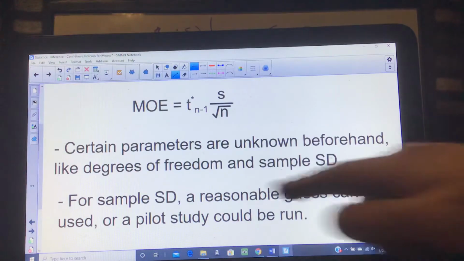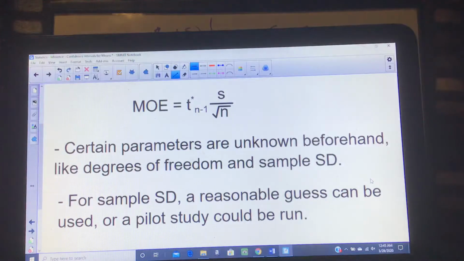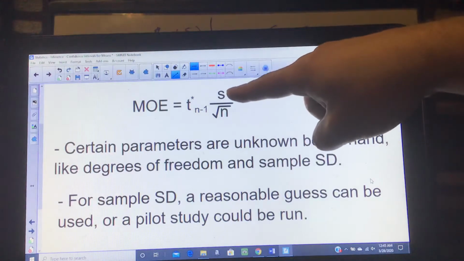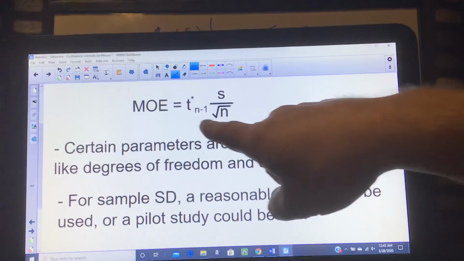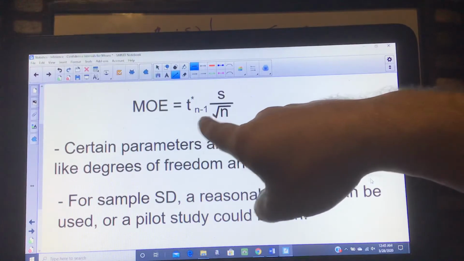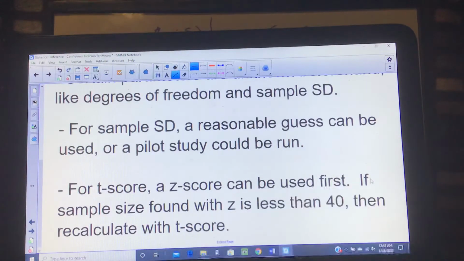They normally will give you some kind of information about what the sample standard deviation should be, or something that someone else found that's reasonable to use. All right, so we're not really going to have to worry about the S, but we still are going to have to worry about this N, because we're going to find N, and that still doesn't help us know what N minus 1 is. All right, so to handle the t-score problem, here's what somebody figured out.